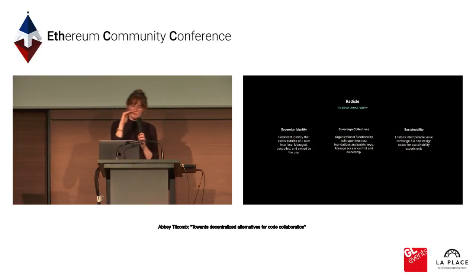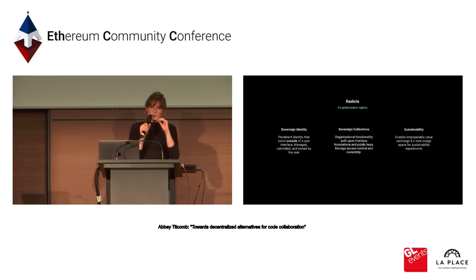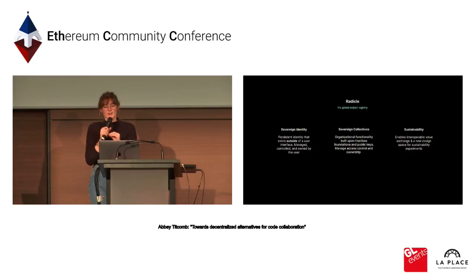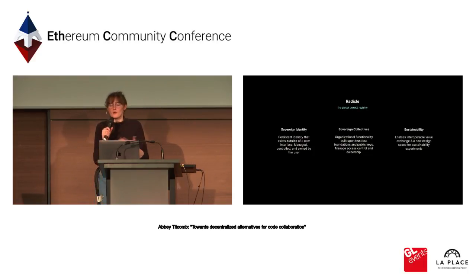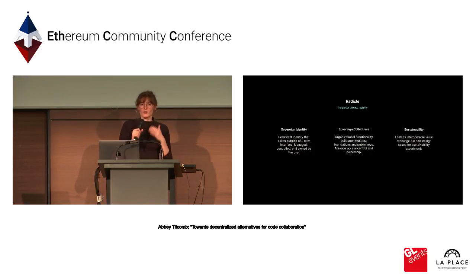And so building up from that identity, you can introduce some really cool attributes by introducing sovereign collectives. If you build organizational functionality on top of these trustless sovereign identities, you can start creating new ways to manage access control and ownership, which are becoming, as we see free and open source projects becoming less of just a code repository and more of a movement and more of a community. The ways that we interact as an organization or a community are so important.